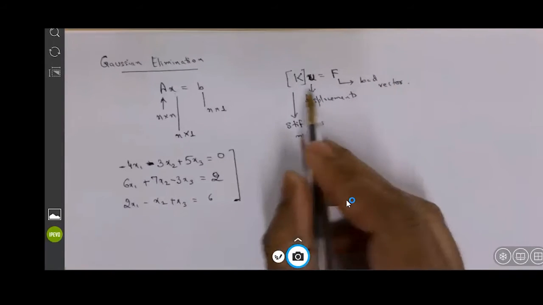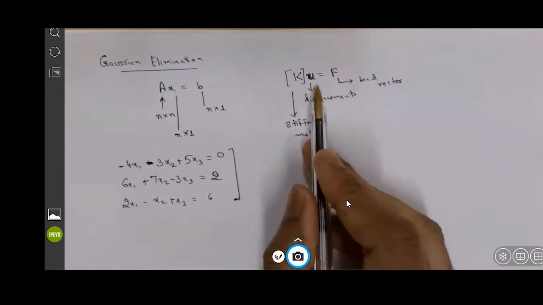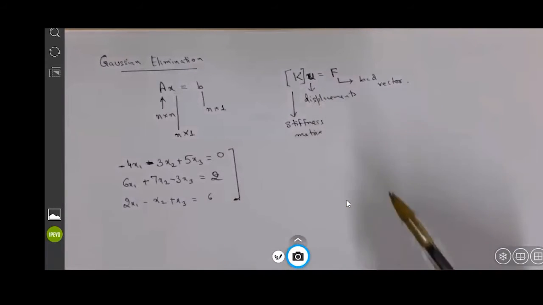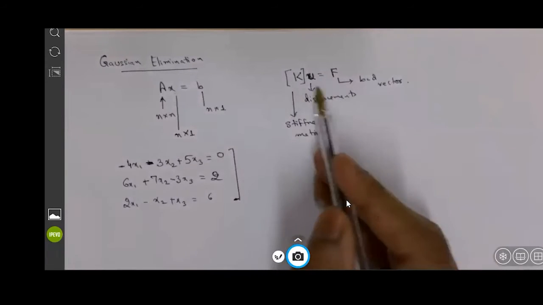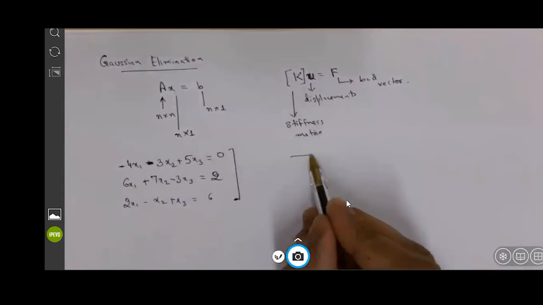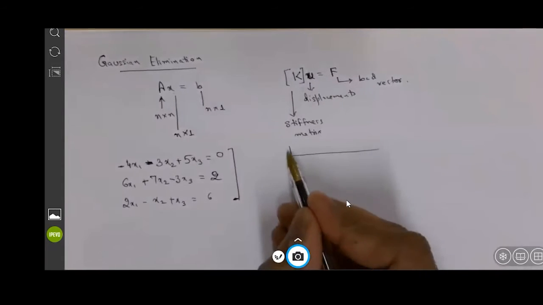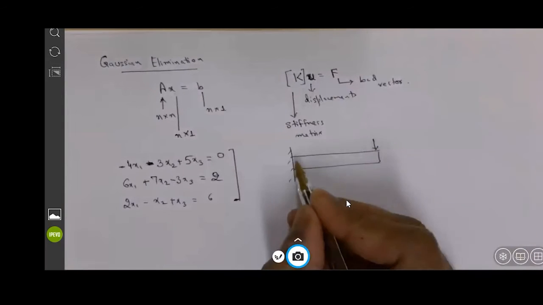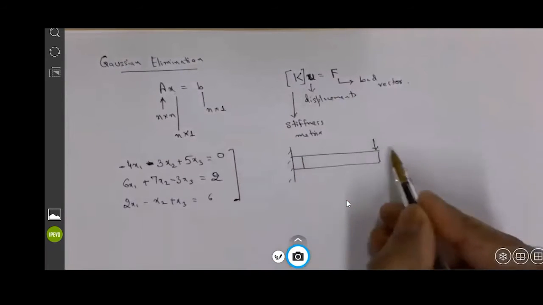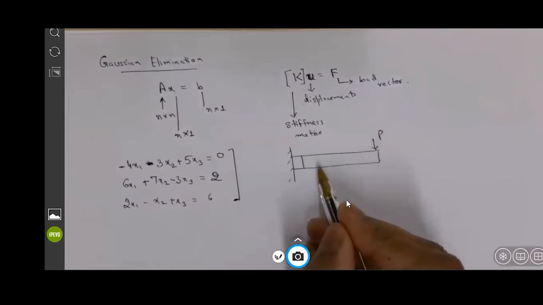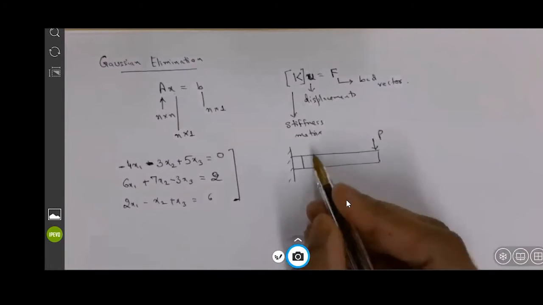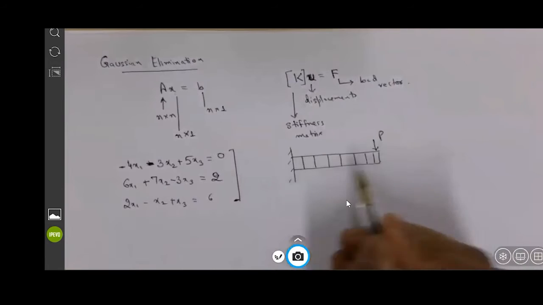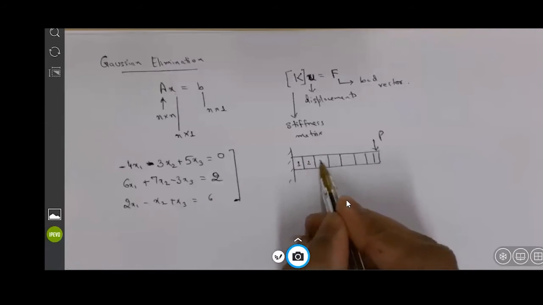Generally, you do not get this system of equations as it is. Nobody gives it to you; the solver sets up the system. For example, with a finite element solver and a cantilever beam with an applied load, you discretize the beam into different elements: first element, second element, third element, and so on.